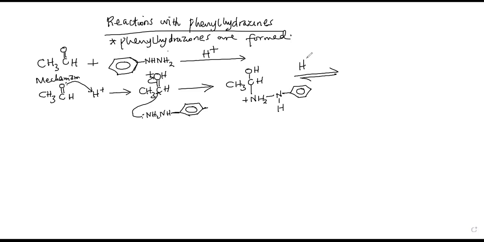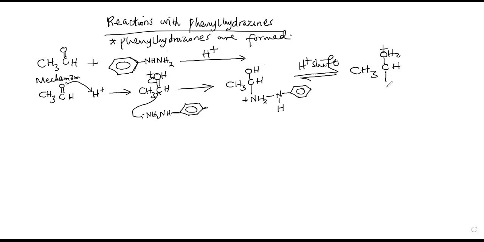We have hydrogen shift. Hydrogen will shift up to hydroxide, so it will be OH2 here, so it will be CH3C, OH2 with a plus. All right, then we shall have H here.